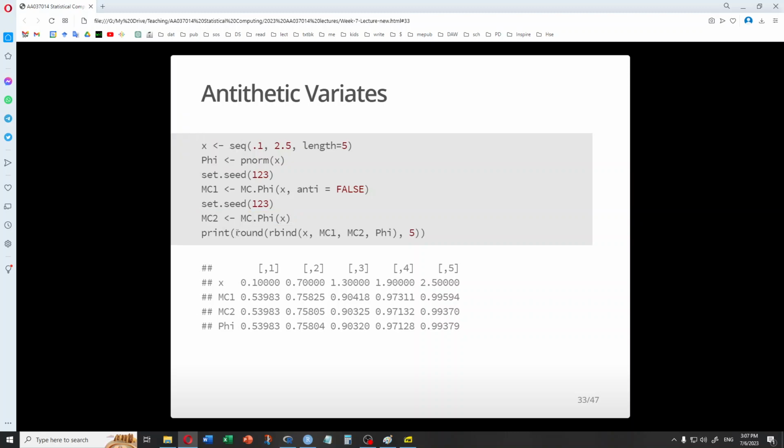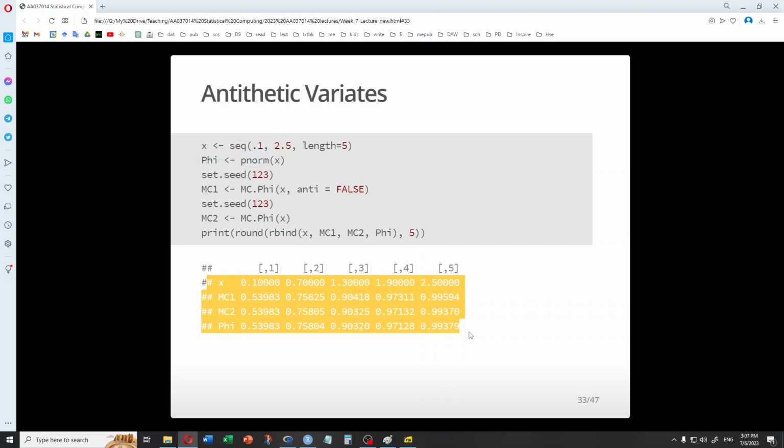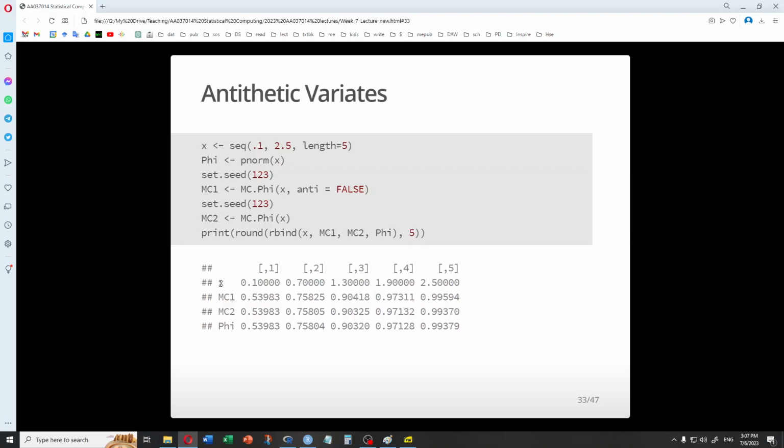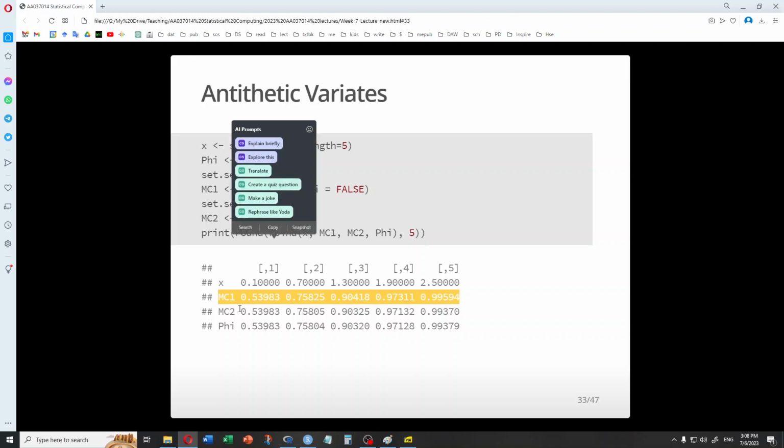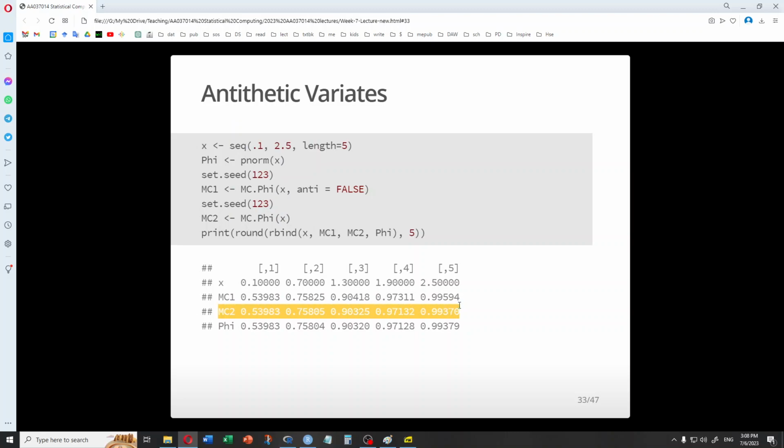Finally, we use rbind, which binds all the rows together. First we have the values for x, then the Monte Carlo estimates without the antithetic variates, then with the antithetic variates, and the last one is from the pnorm function.